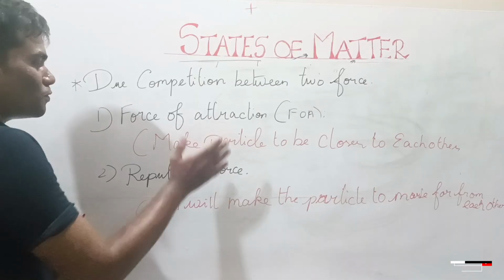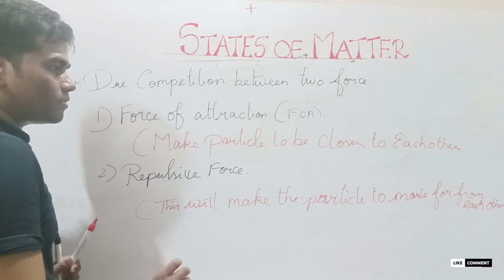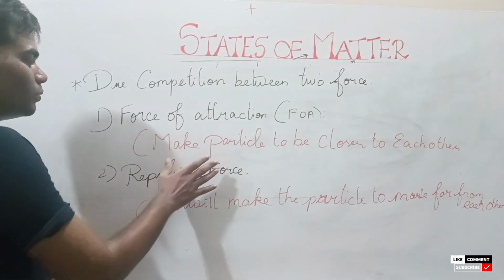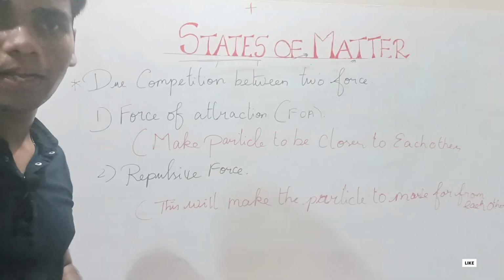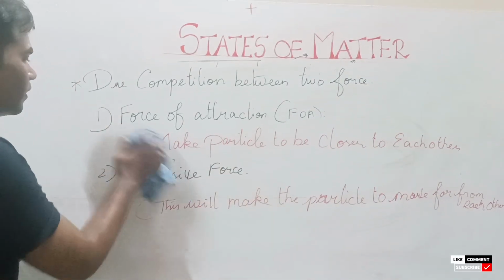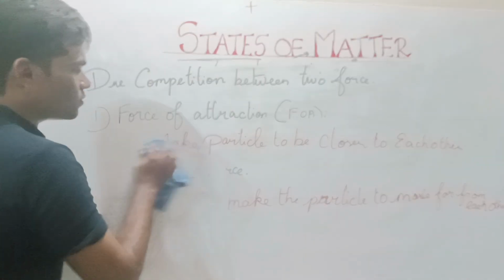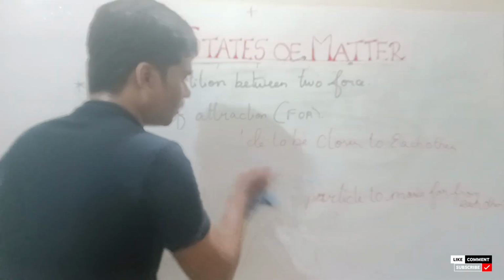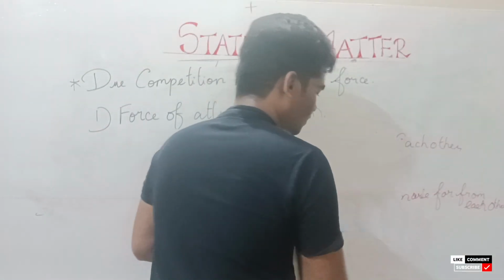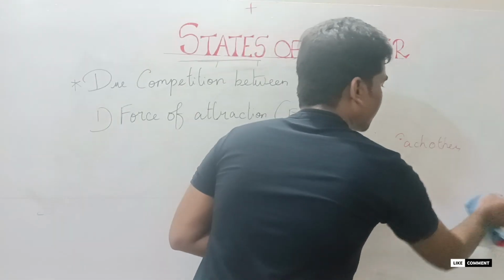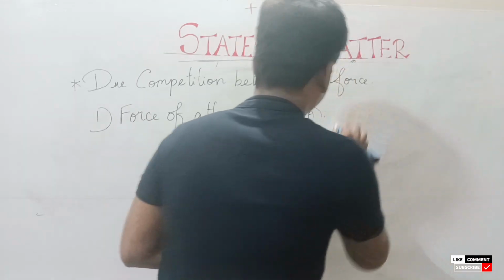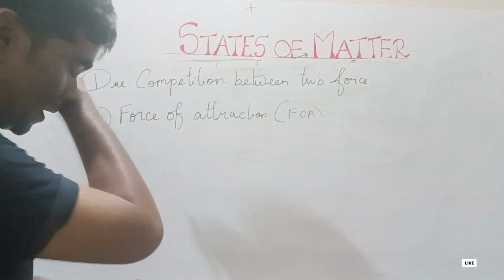So about this force of attraction and repulsive force, we are going to study these two in a detailed manner so that you can easily understand everything. First, I will explain about force of attraction. When we are studying about this force of attraction, there are two types. I will write it here.